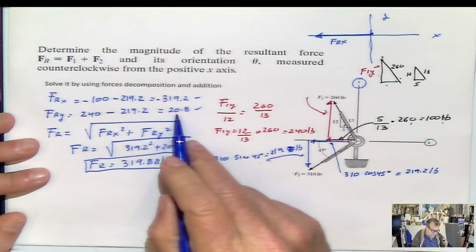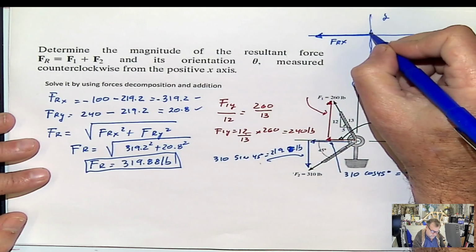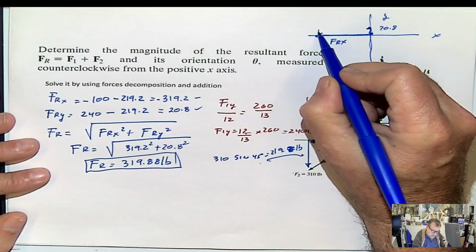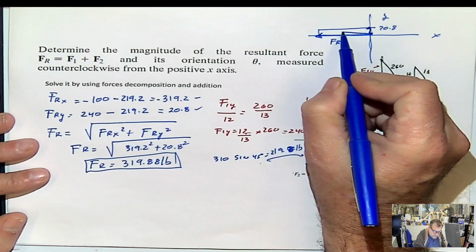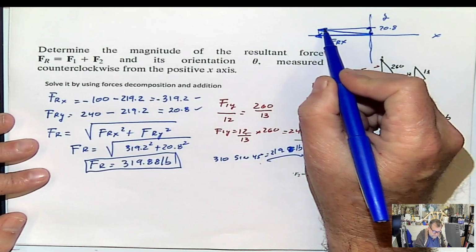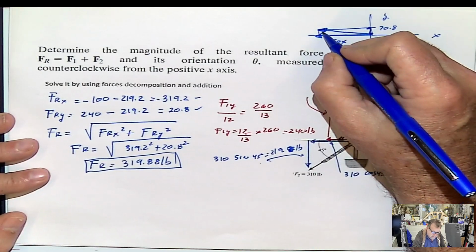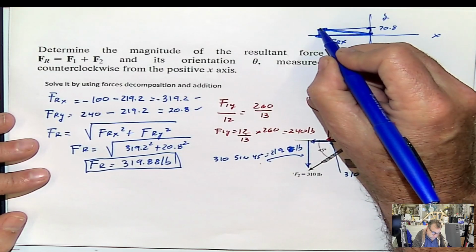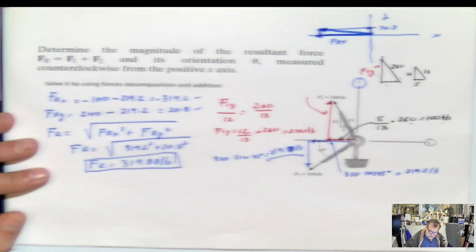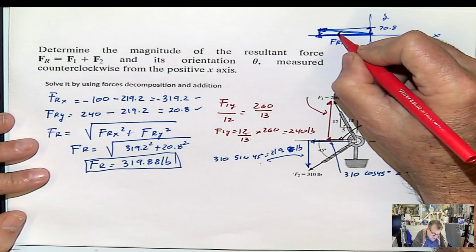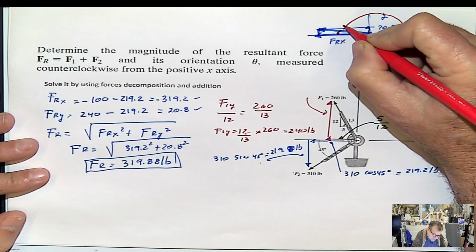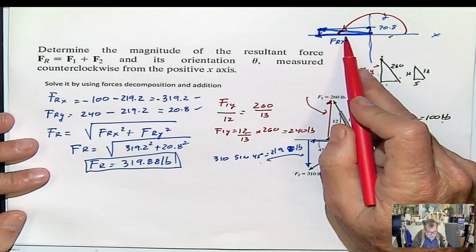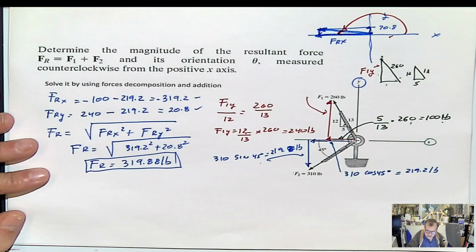And then I go up 20.8, something like this. And my resultant force will be this one here. Why do I do that? Well, because now I have this triangle that I can use to calculate this angle, because the one that I'm interested in is the total one, right? So if I calculate this angle and I subtract it from 180, I have the direction.